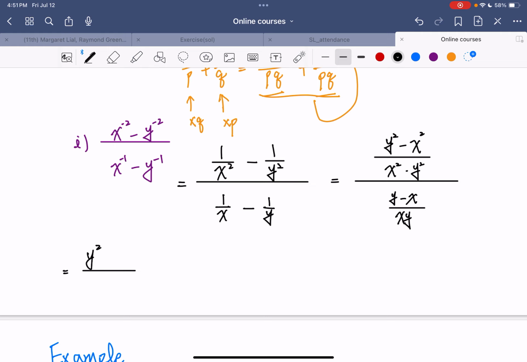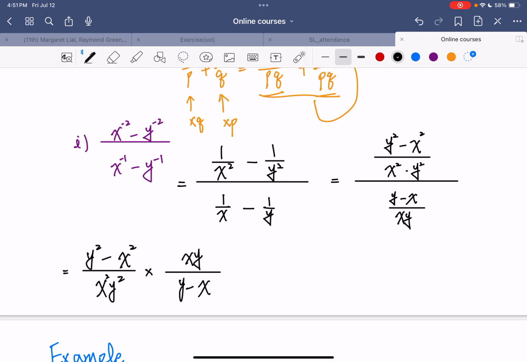And remember before, when we have to do this kind of calculation, we have to flip the denominator to do this calculation. So we'll flip, so we got xy and y minus x.